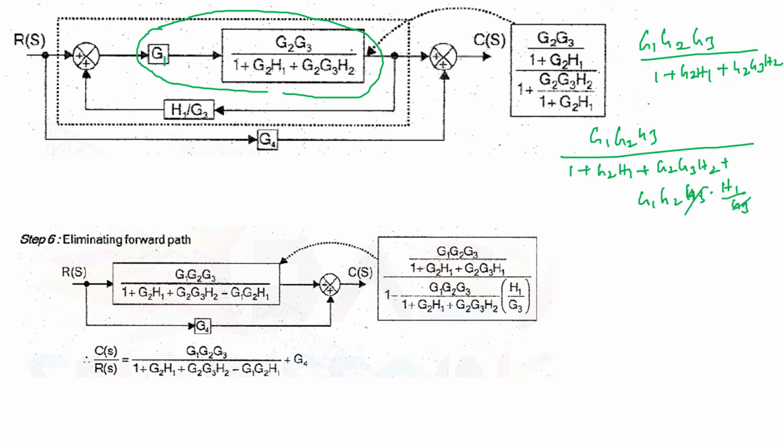So this G3 G3 gets cancelled. I will have G1 G2 G3 divided by 1 plus G2 H1 plus G2 G3 H2 plus G1 G2 H1.